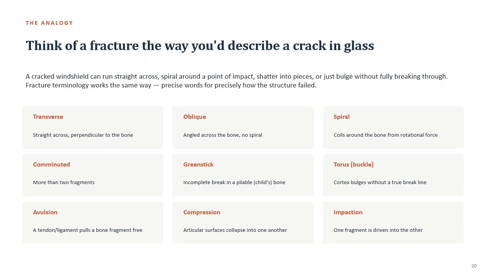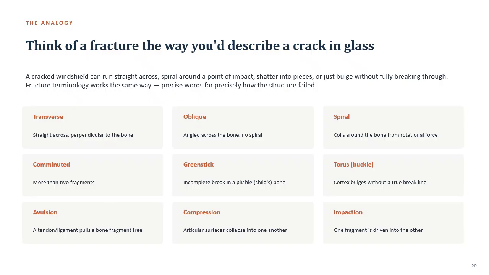You might say that the crack runs straight across, that the crack travels at an angle, that the crack spirals around a point, or that the glass is shattered in many pieces. Fracture terminology works in the same way. We don't just say that the person has a fracture, we have to describe the fracture. So we're just going to pick a few of them to describe.